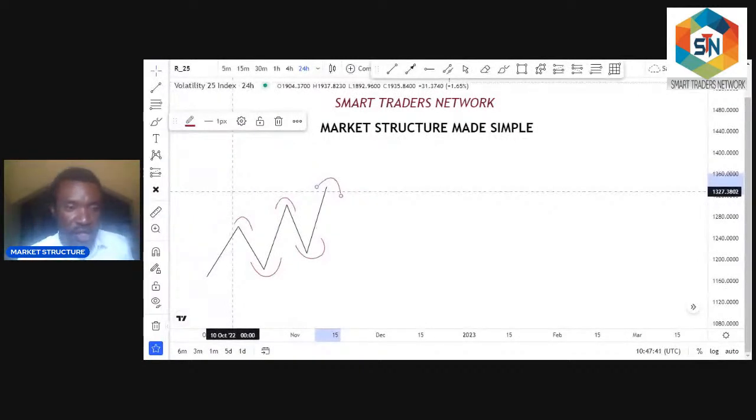So when price gives you this bullish formation, you are expected to take an entry only when price comes down to the higher low.